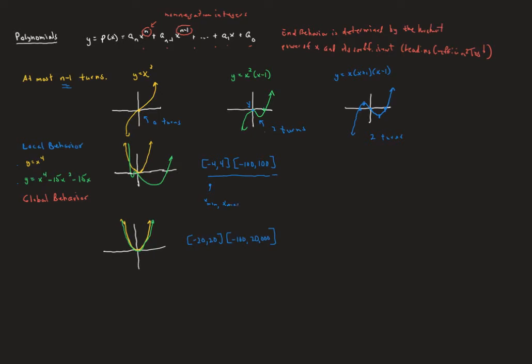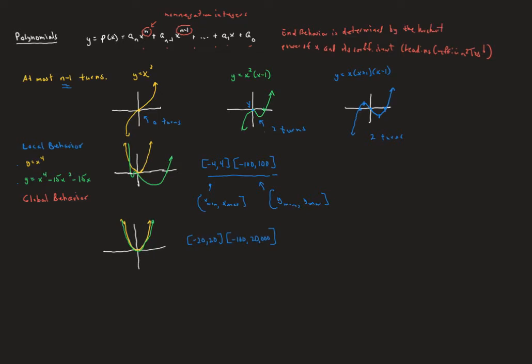That's how I set my window. The second is the y-min and the y-max. If you set your window like that and put in those functions on your graphing calculator, you should get something that looks like this.